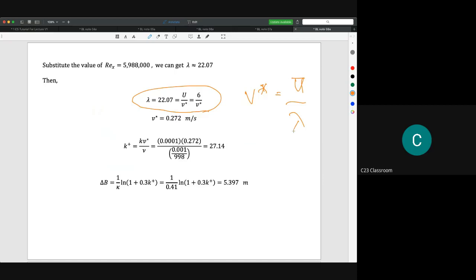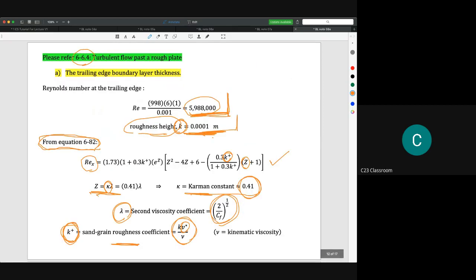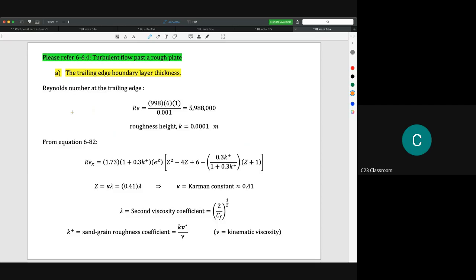So you have U over V star equal to lambda. What you need to do is substitute all of this into this Reynolds number. And then we put Z here into this one.